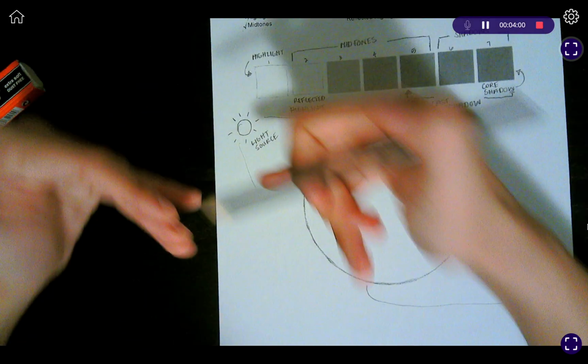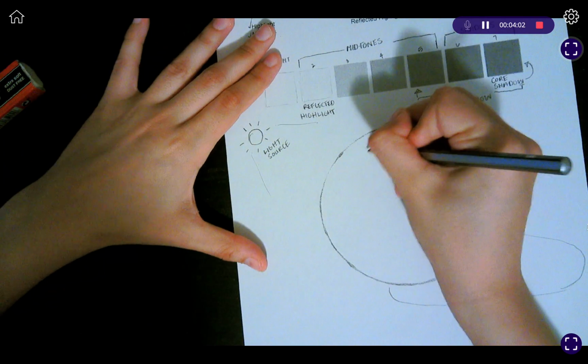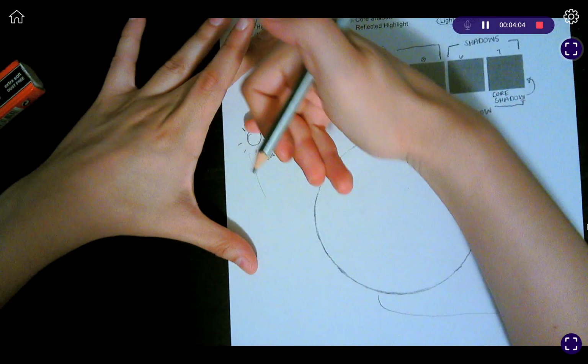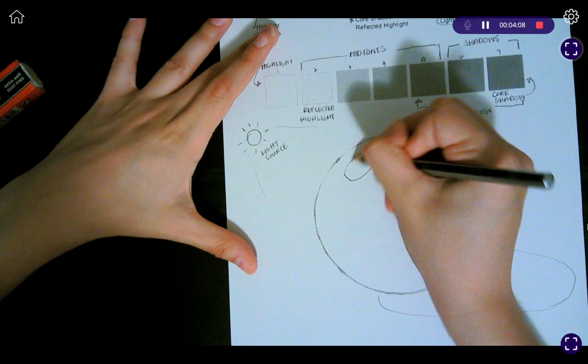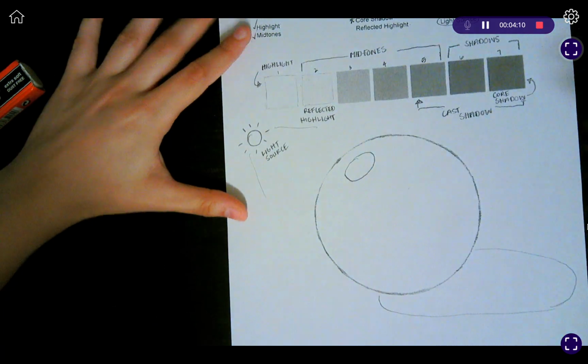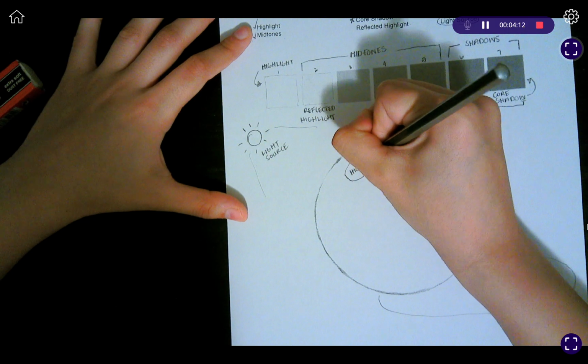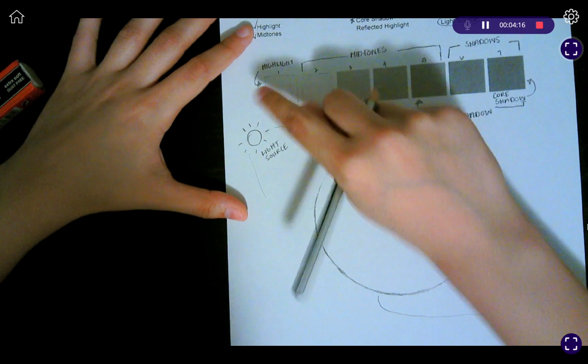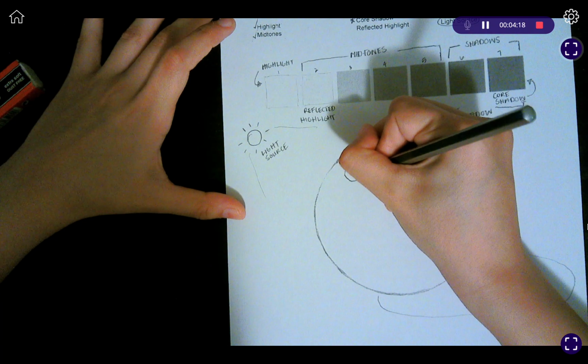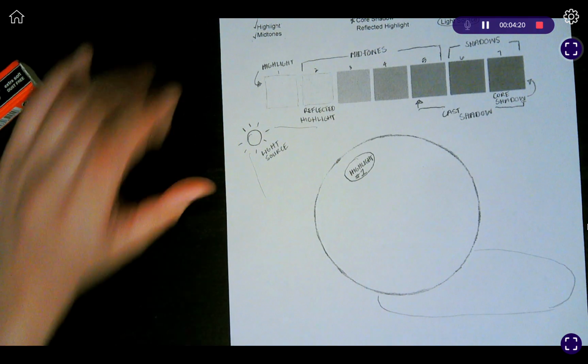Okay, from here, a few things happen. Since the light source is right at the very top, towards the top of this object, this is where the highlight would be, this one right here. So number 1 would be right there.